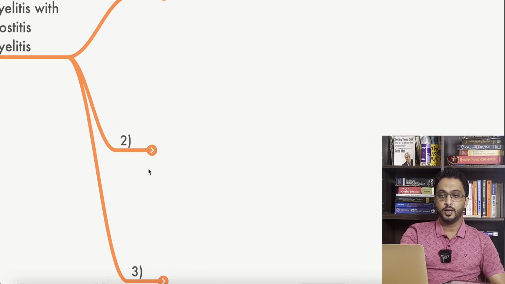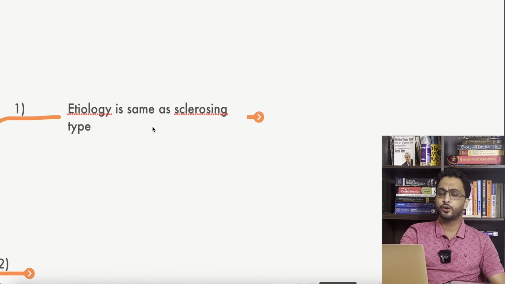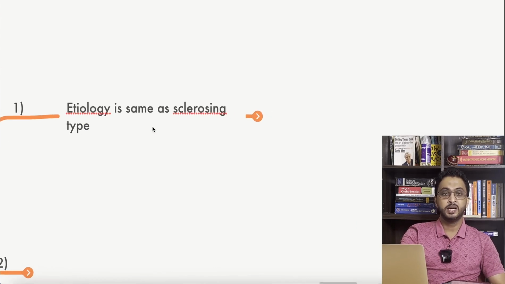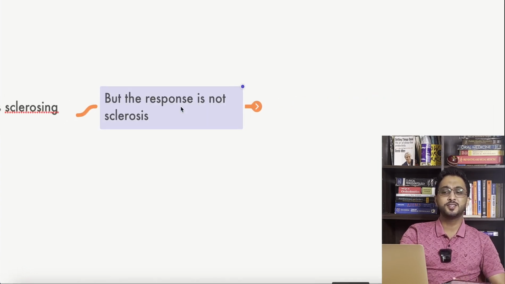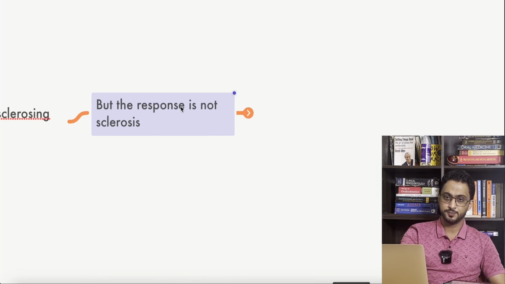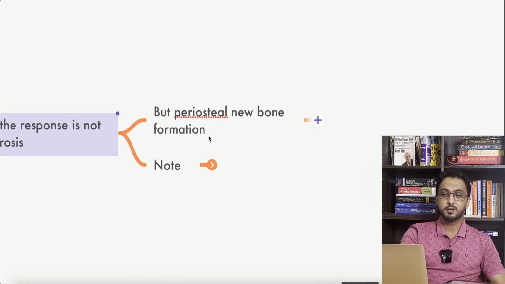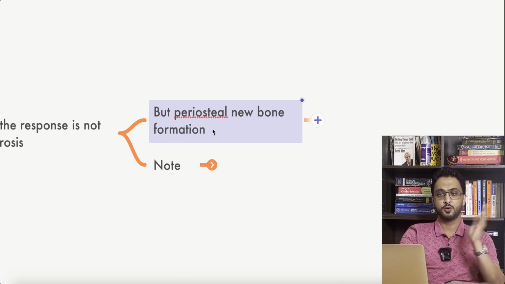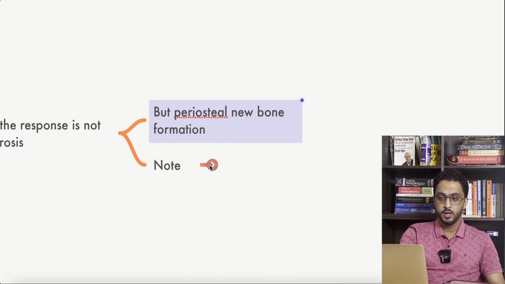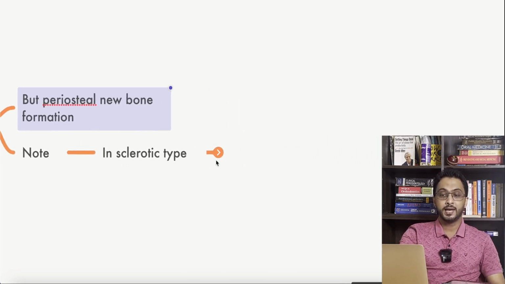Now, a few points to note here. Etiology is same as sclerosing type. It can be mild carious lesions. But the response is not sclerosis. What is the response? What did I tell you now? It's a periosteal new bone formation. In sclerotic type, what do you see?